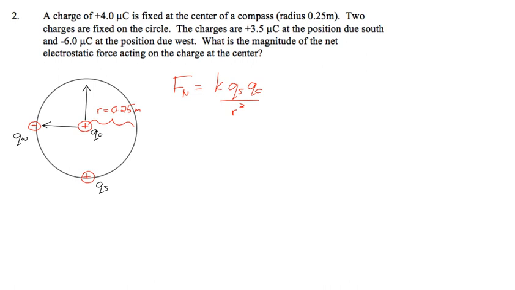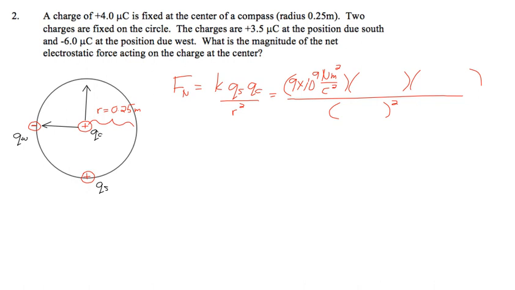So plugging in the numbers, we're going to have K, the two Q's, over R squared. So the K is Coulomb's constant, 9 times 10 to the 9th newton meters squared per coulomb squared. And let's see, the charge south, I have to look at the picture here.